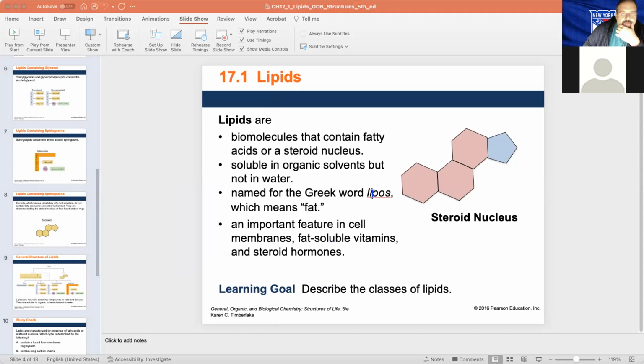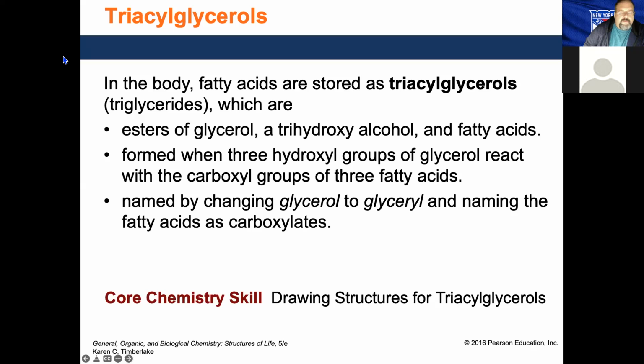The main type of lipid that comes into play in the body, not to say that's the only type, but one of the main types, is where your fatty acids are stored. Your fatty acids are stored as part of fats and oils, which are collectively known as triacylglycerols.